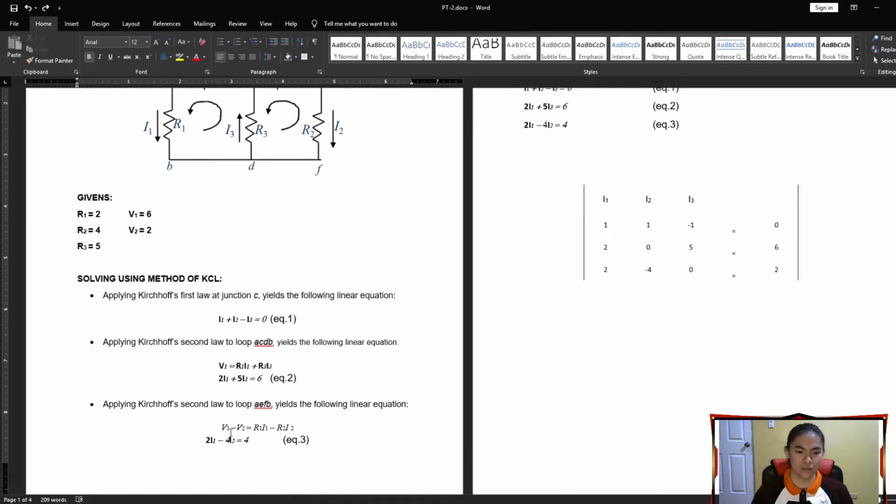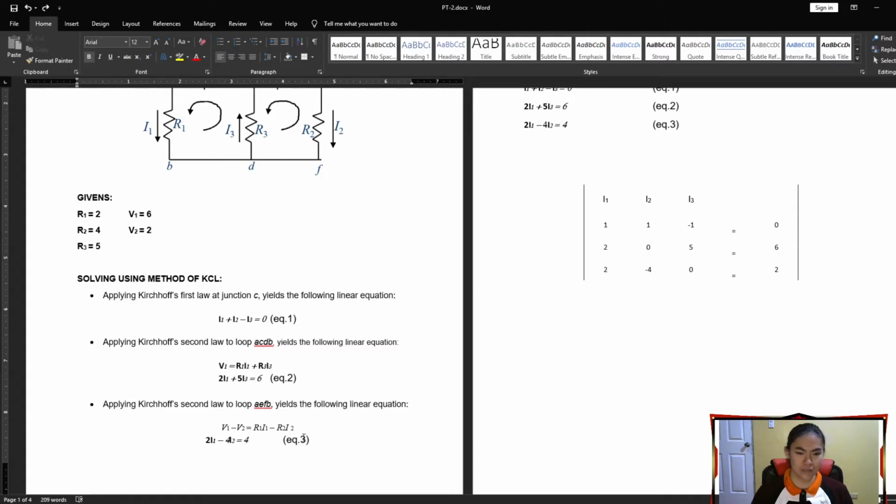And nagkaroon ako ng equation na V1 minus V2 equals R1 times I1 minus R2 times I2. And further simplifying it, sa pag-substitute natin ng values na given is maka-arrive tayo sa ganitong equation.